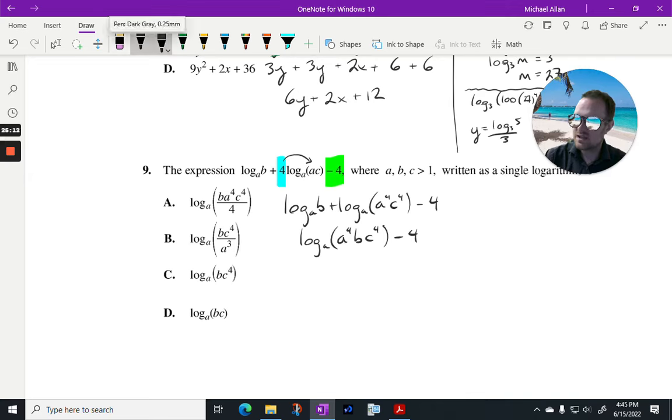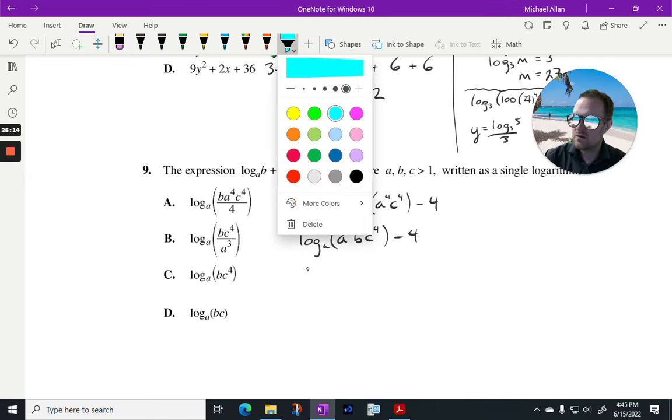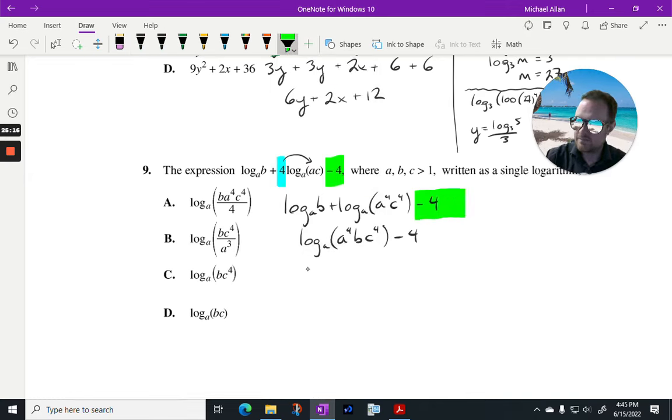So we have to go back and think, okay, here, I don't want to change this number, but I can change the way it looks. So I can put a 1 here, like 4 times 1 is still just 4. But what is always 1 in terms of log?